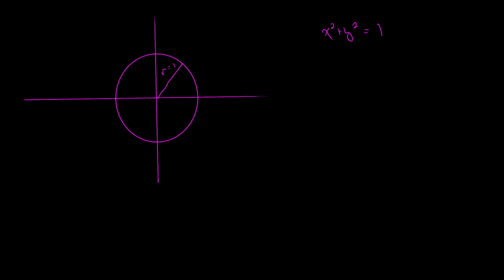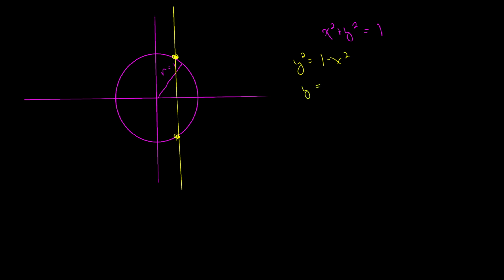Well, it fails the vertical line test. This value of x gives me two possible values of y, here or here. And we can see this if I solve this equation for y only. I get y squared equals 1 minus x squared.